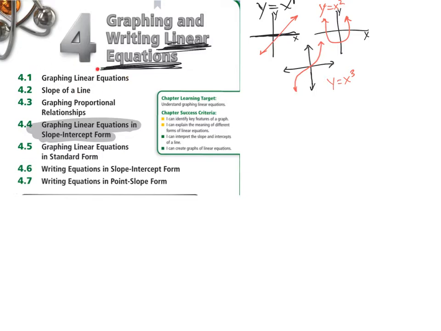So what we've learned is that we're going to graph linear equations, and the way we've done that is we've created the x, y table of values. Whoa, that was wild.